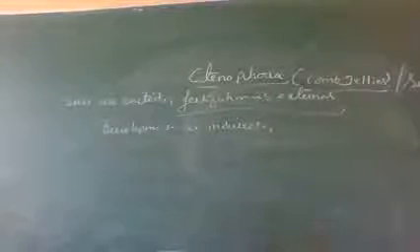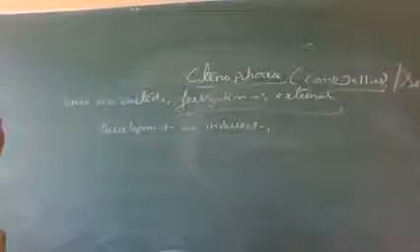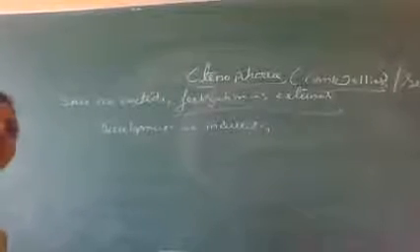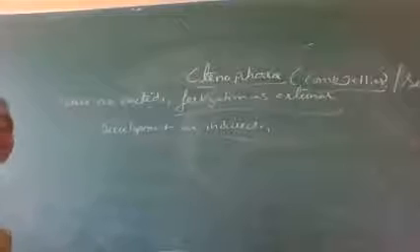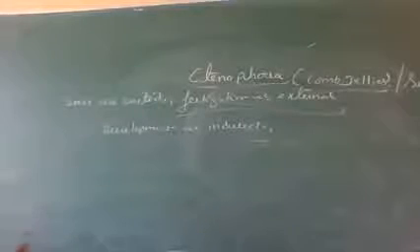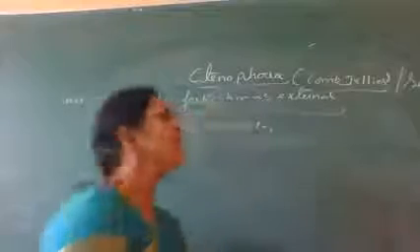So the presence of what? External 8 comb plates on the surface of the body, hence the name comb jellies. And these always exhibit what? Bioluminescence, the phenomenon of emission of light by these living organisms, because they lead a benthonic life.